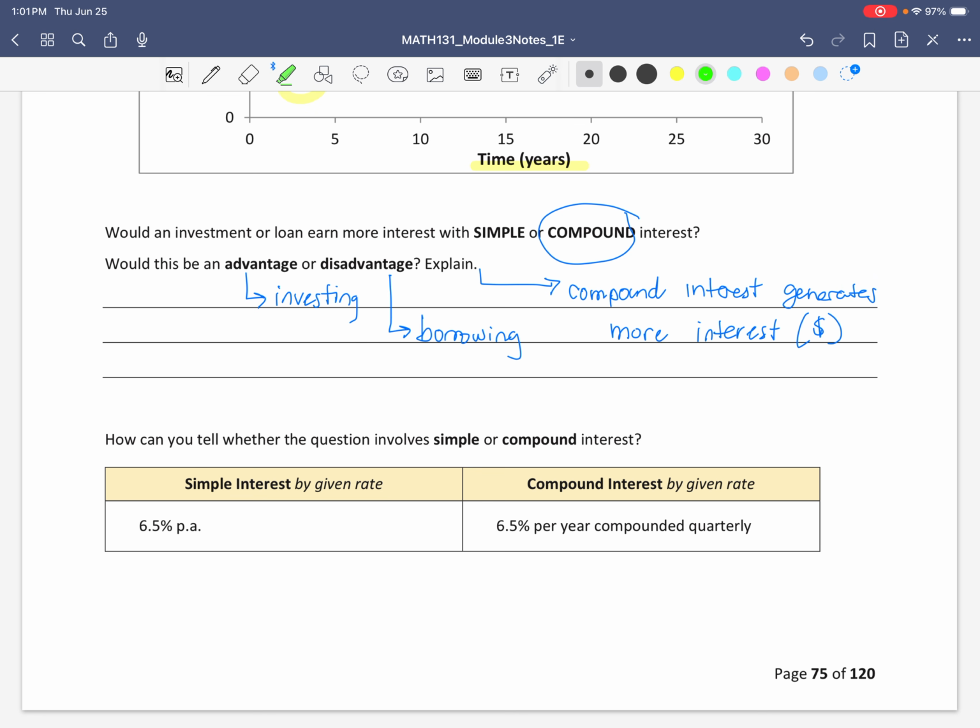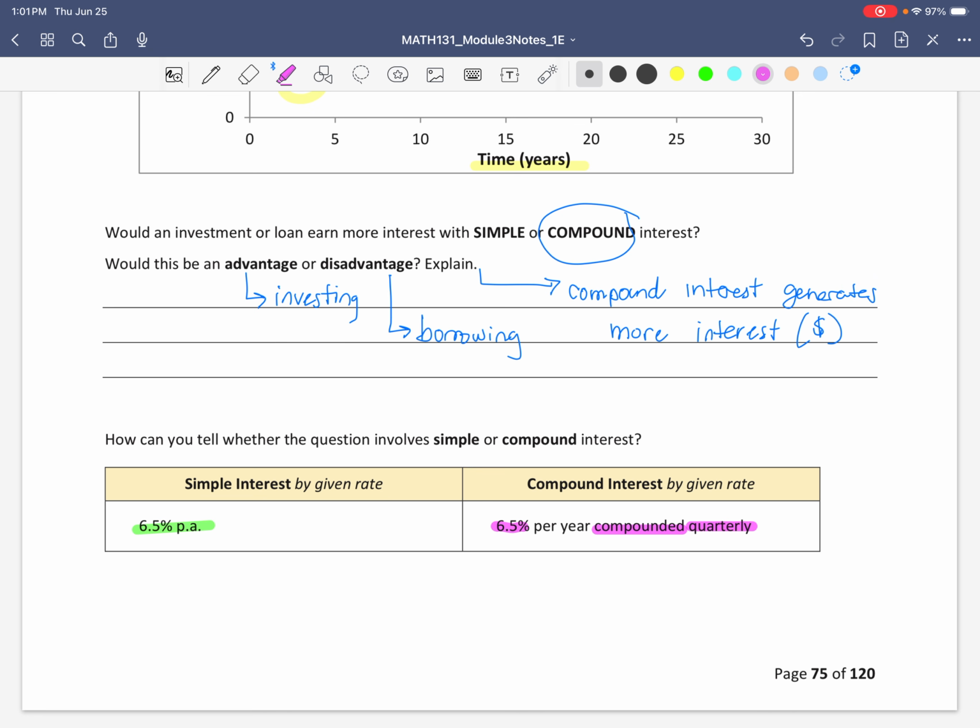So simple interest is given by a rate, you'll see it's our percentage. In this example here, it's 6.5% per annum, per year. Whereas compound interest is a percentage, but it gives us a compounding. So this particular example says it's 6.5% per year compounded, in this case, quarterly.